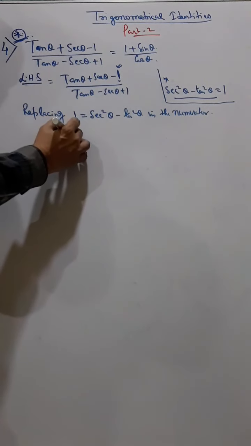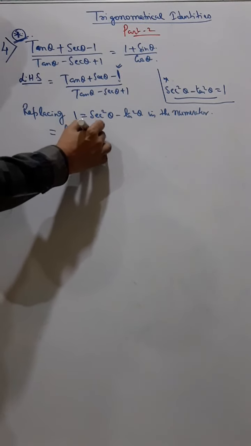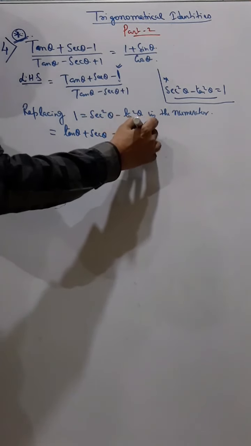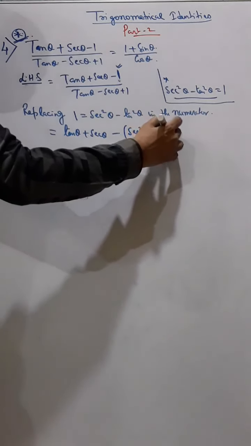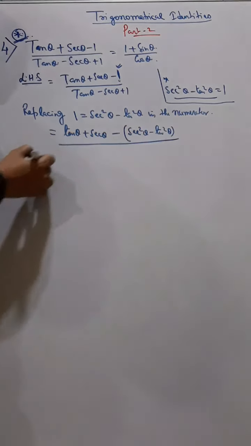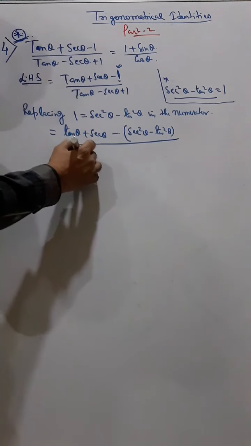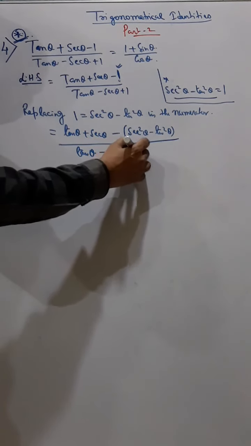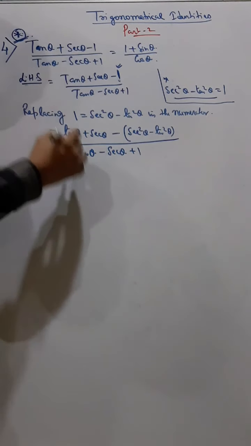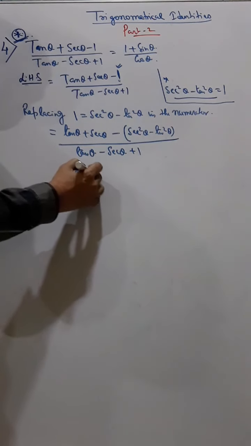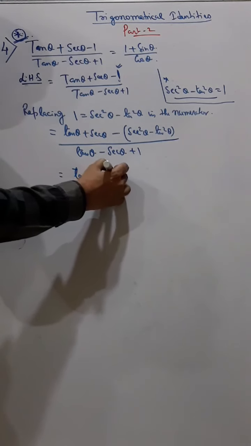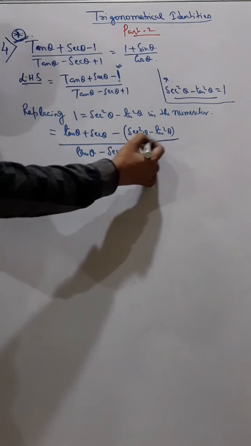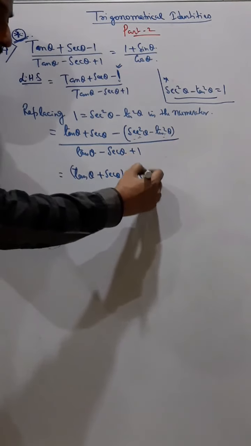So what we get here is tan theta plus sec theta minus, in bracket, sec square theta minus tan square theta, and in the denominator we will write as it is, that is tan theta minus sec theta plus 1. Now again, in the numerator we have tan theta plus sec theta minus, and this will split using the a square minus b square formula.